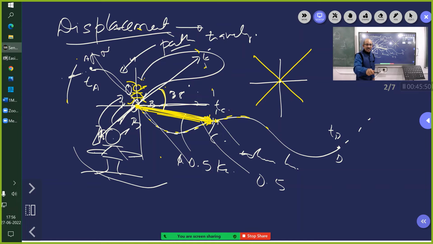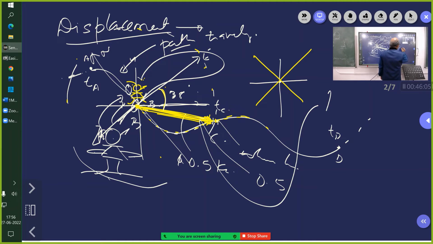The length of this line is the shortest distance from A to C. Nice. And this line is making an angle of 38 degrees with respect to east. Two things, what Maitri told. So what is the length of this line? 0.5. So this length of the line is the magnitude.